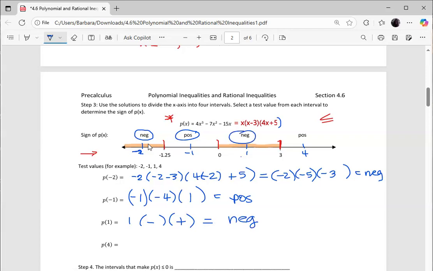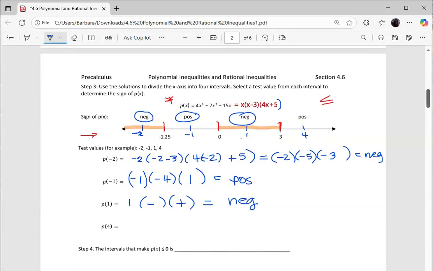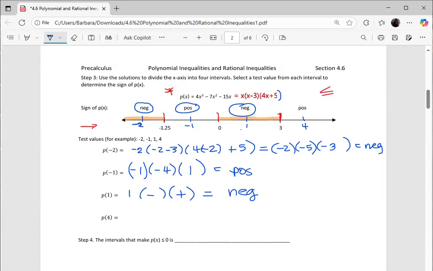And then for the test point 4, I've got a positive times a positive times a positive, which is a positive. Again, I don't care about the actual outcome. I just want to know if it's positive or negative. So we see that's positive.